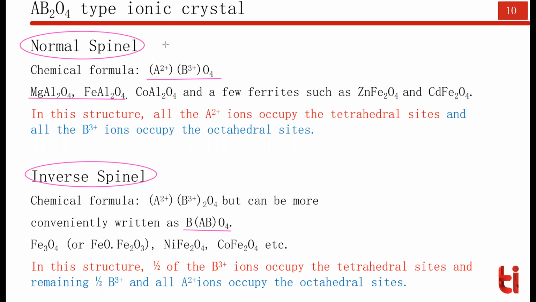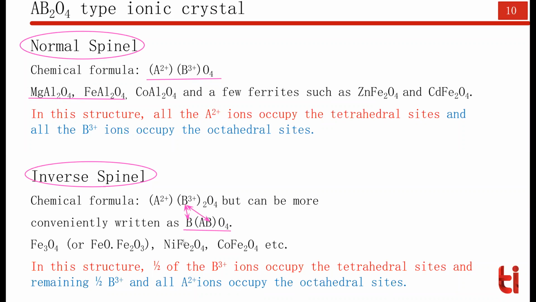So whatever is the B atom available to you, they are 2 in number. Half of them go and occupy the A site. So your first B is at the A site. The second B is at the B site.